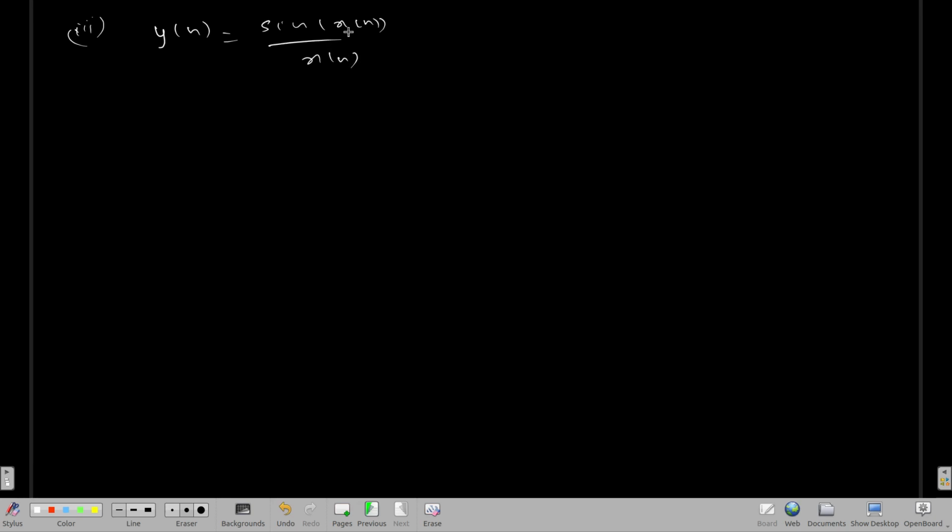That is, the system at any given point of time depends only on the present input; it doesn't depend on past or future inputs, right? So there is no x of n minus something or n plus something, only x of n. Therefore this is both memoryless and causal, right?